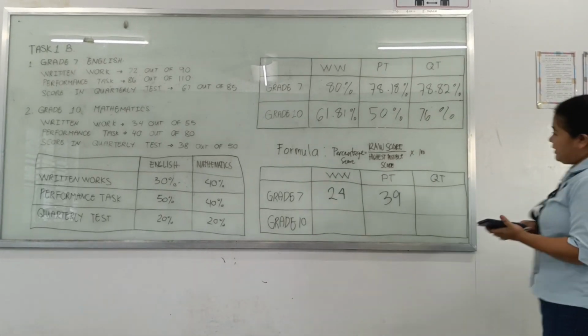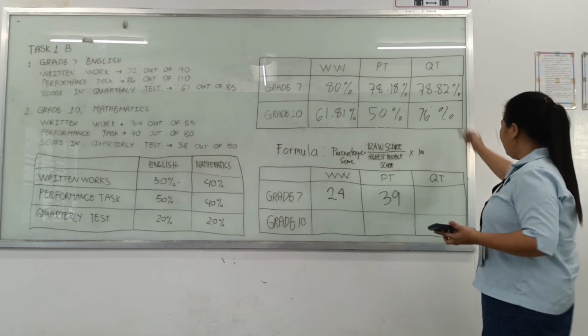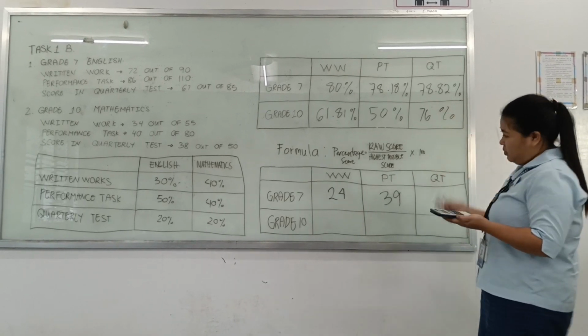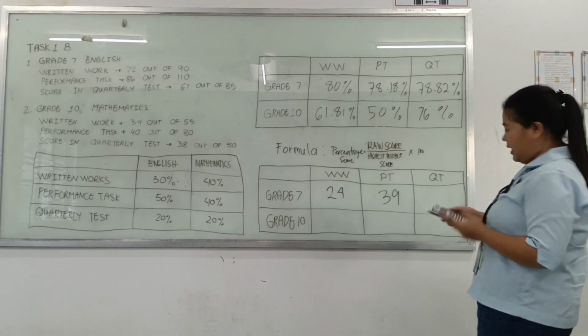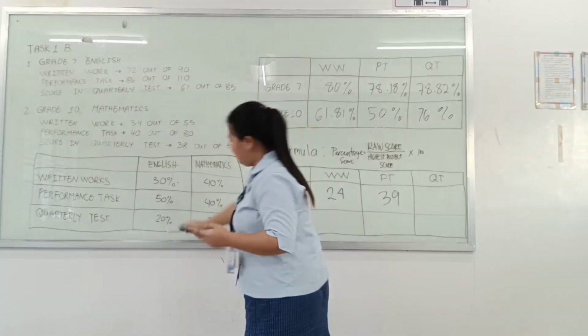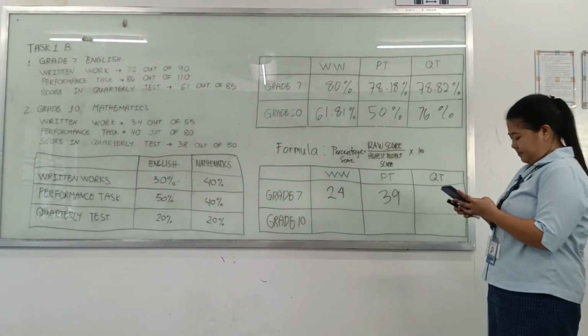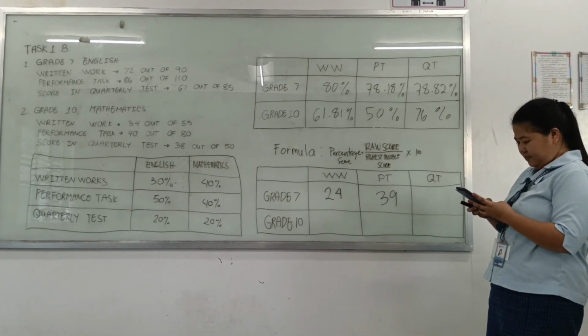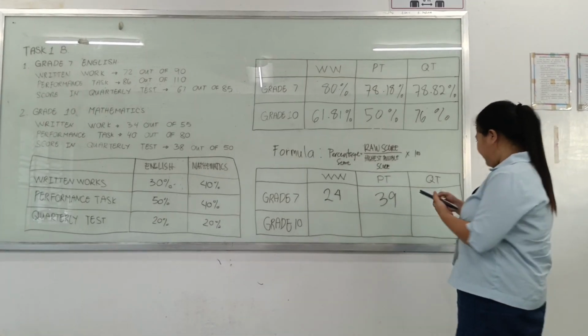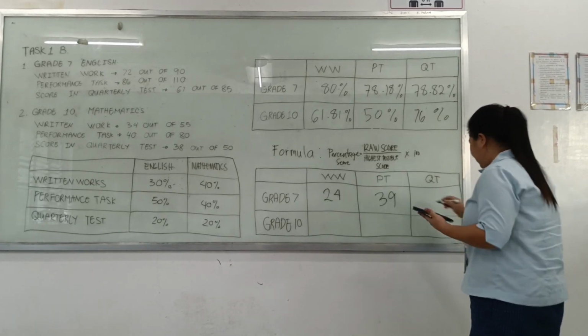And for the quarterly test, the 78.82 times 20% is equal to 15.76.